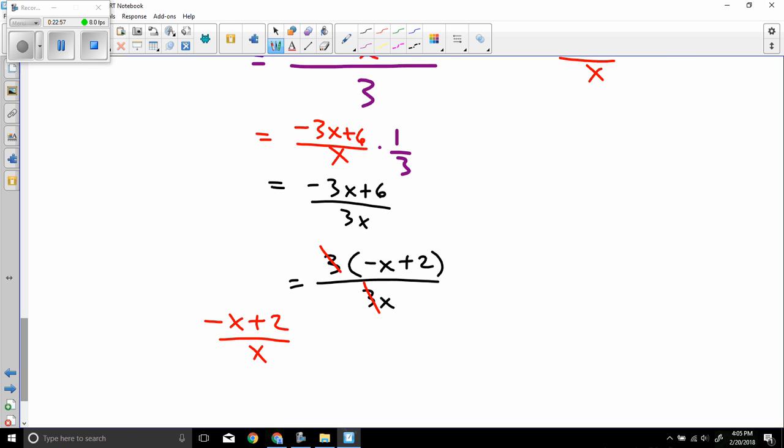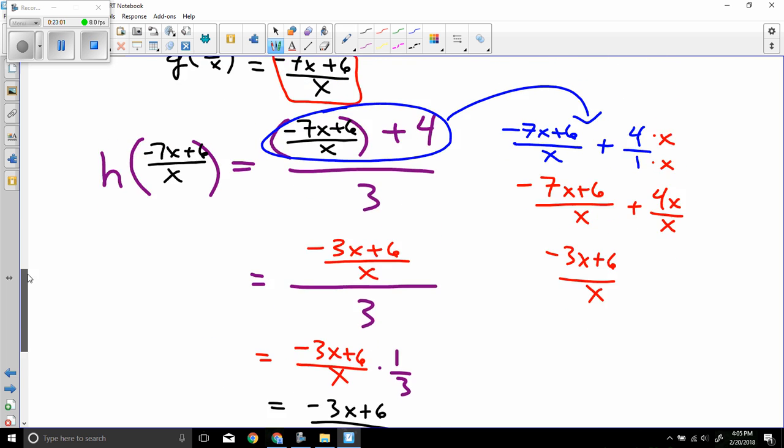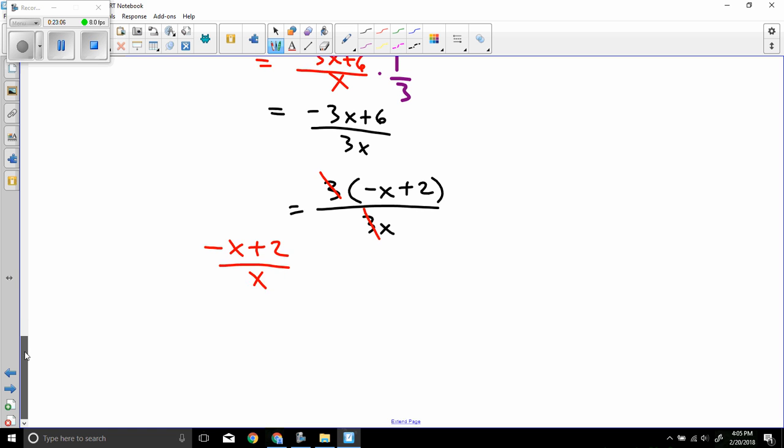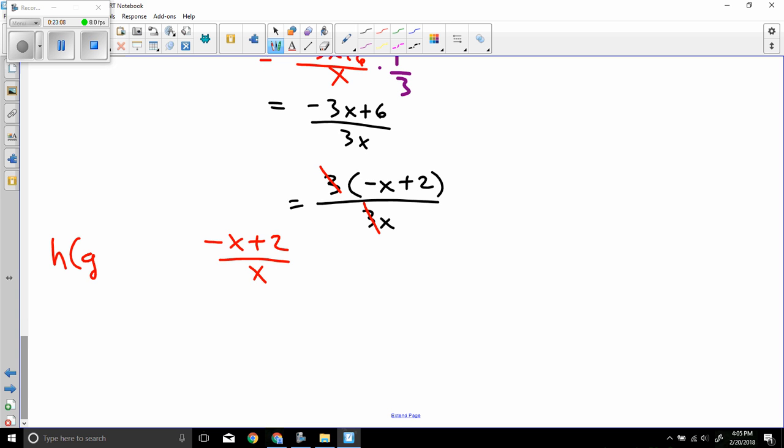Remember, you cannot cancel out these x's because this 2 does not have one. And what was even being asked of me at the start here? h of g of f of x. And it equals that.